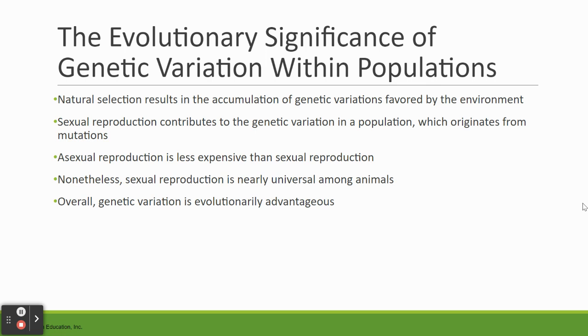Sexual reproduction has to go through mitosis phases, meiosis 1, meiosis 2. It's a lot more costly to a cell to do those things. But sexual reproduction is nearly universal among animals. This process of fertilization and meiosis 1 and meiosis 2 is nearly identical among all living things, okay? Overall, having genetic variability is evolutionarily advantageous. This is how we also get new species and biodiversity.